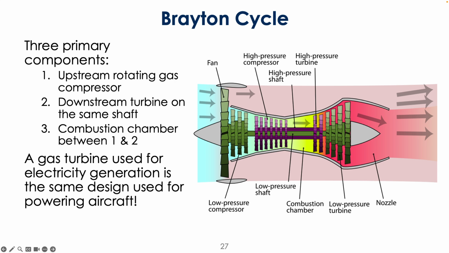Whereas in a natural gas plant, we use a gas turbine, which uses a different thermodynamic cycle known as a Brayton cycle.